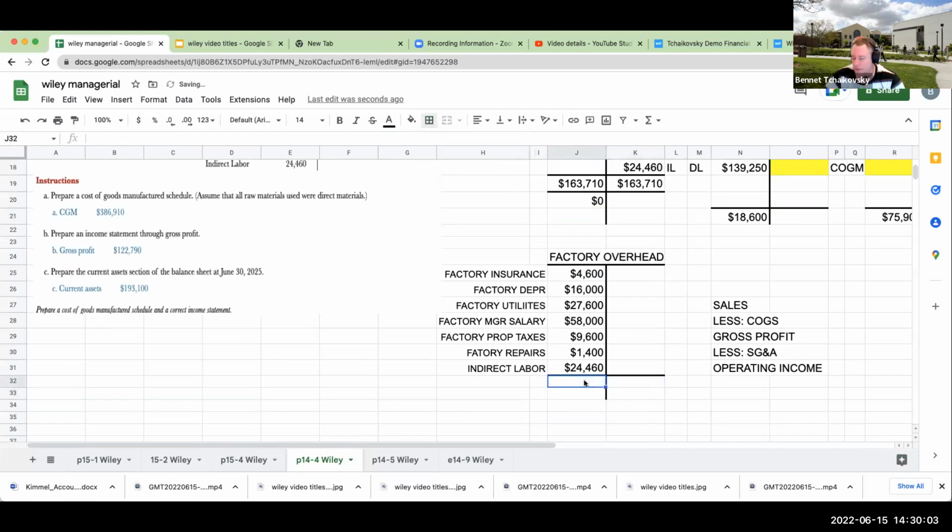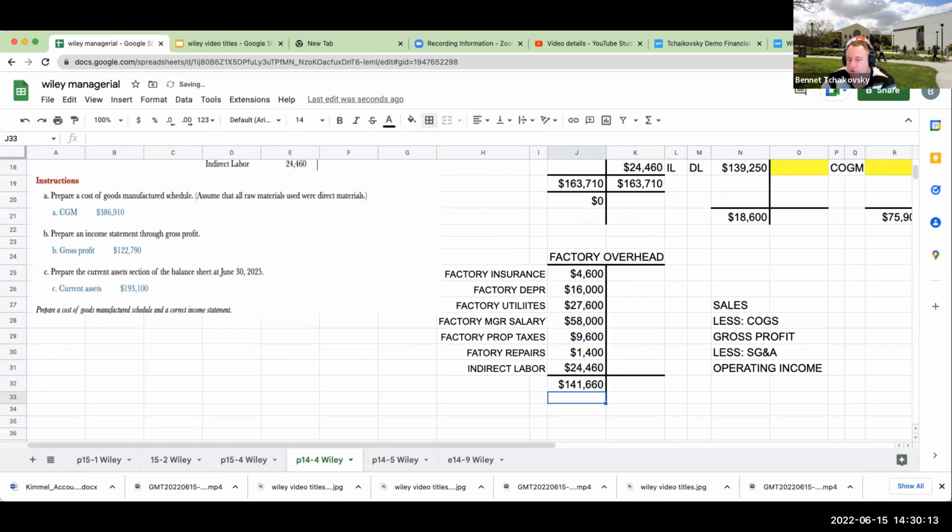Okay, so over here, how do I make this go to 0? Well, I've got 4,600, 16,27.6, 58,96, 24, and then 1,400, or 141,660. If this is going to need to go to 0, I'm going to need to credit this amount here for 141,660.